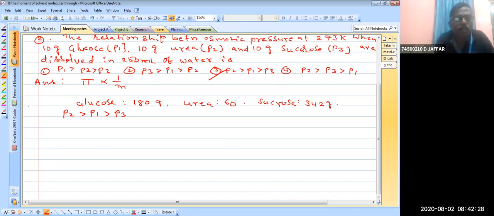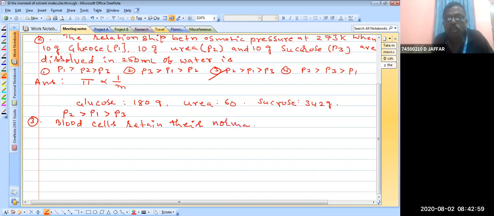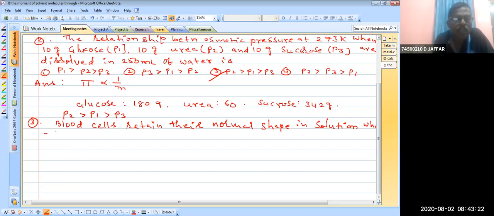Question number 3. Blood cells retain their normal shape in solution, which are.